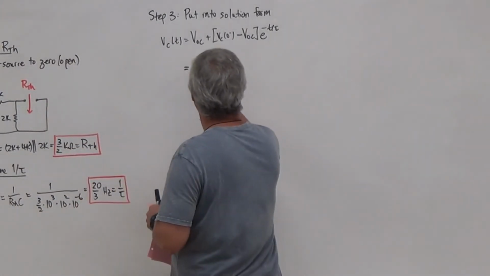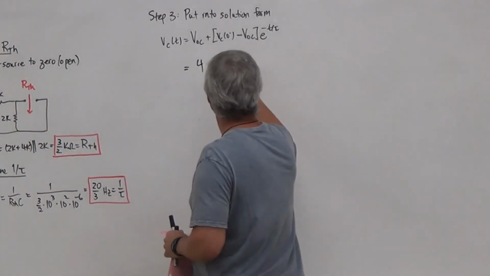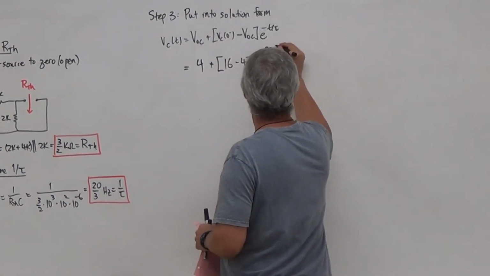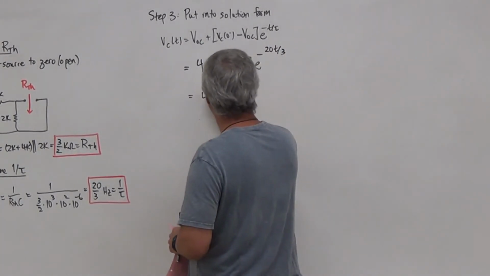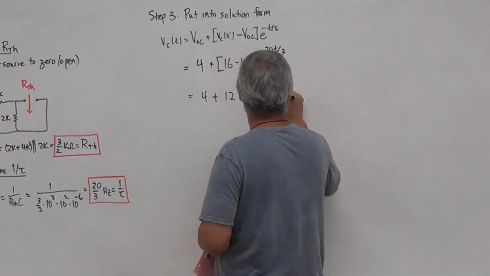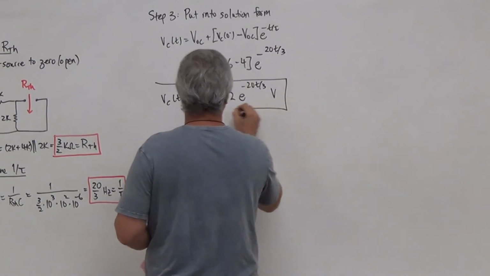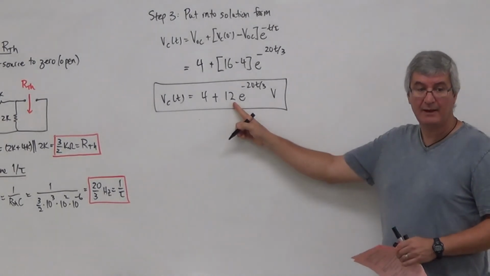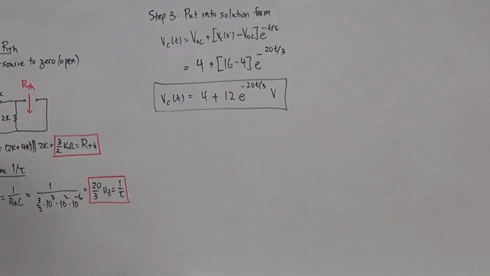So I write 4, then VC(0) minus VOC, which is 16 minus 4, times e to the minus 20t over 3. So this gives me 4 plus 12 e to the minus 20t over 3 volts. As expected, we expected a value of 12 because there's a step of 12 going from 16 down to 4.